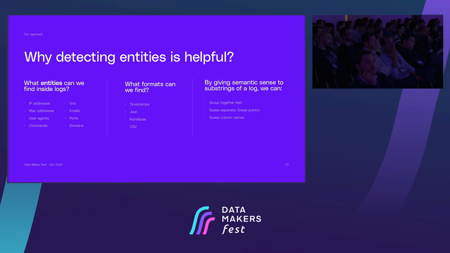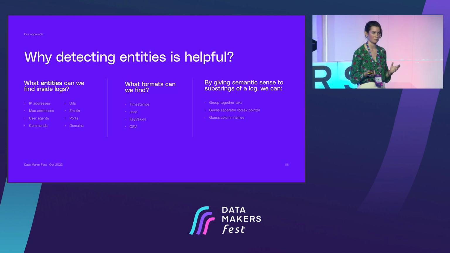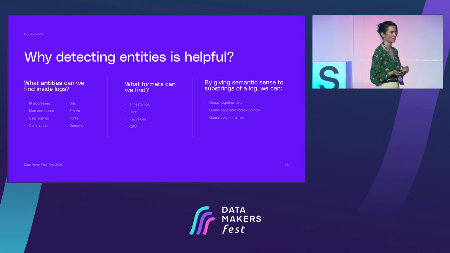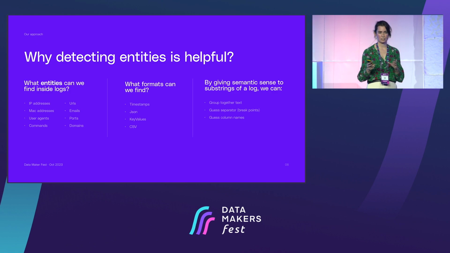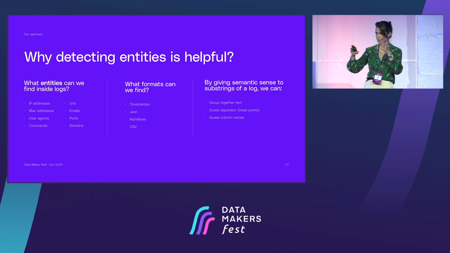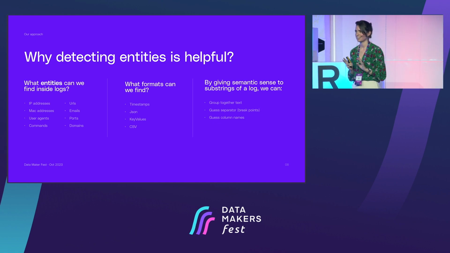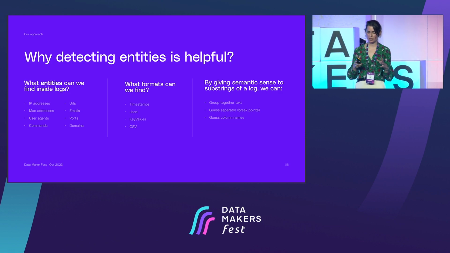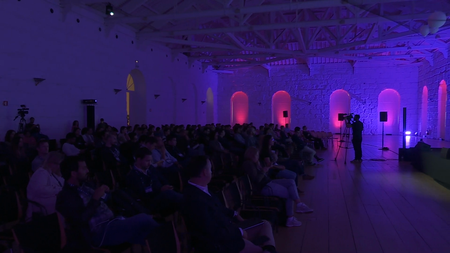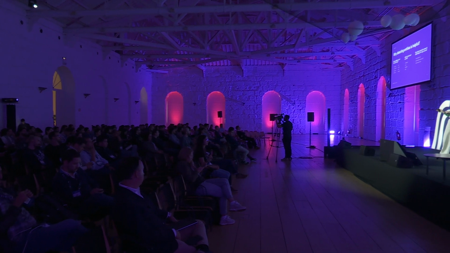So now that we've talked about entities and about the parsing, how can we mix them together? As you can imagine, when you detect something you recognize, it has a meaning. It should stay together most of the time. So you're kind of guessing what the fields in my log are, right? What are the fields of the query in the future I want to make? If I know the things that should stay together, I can guess the separators because those are the things in between.